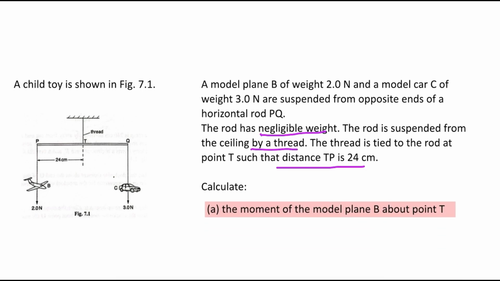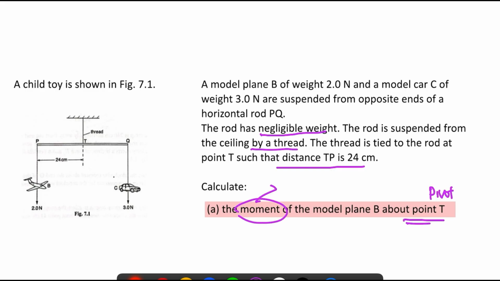What do we need to calculate? Calculate the moment of the model plane B about point T. About point T means this is the pivot. Moment is force times perpendicular distance. Based on the question, we have this force right here, 2.0 newtons.